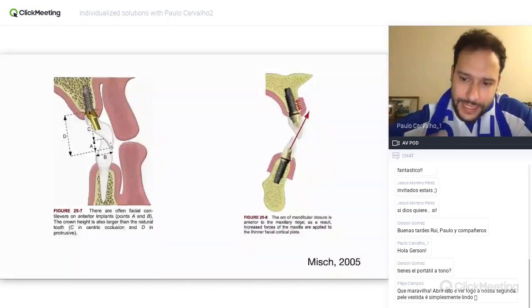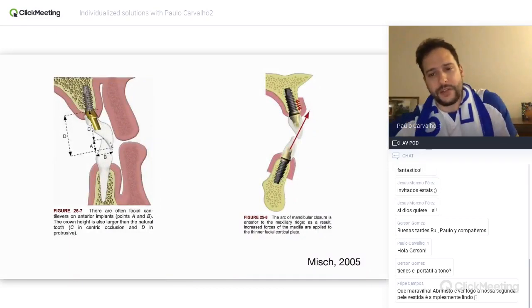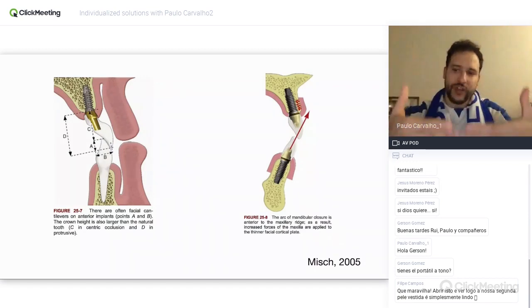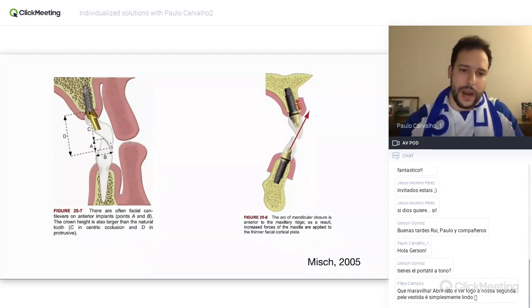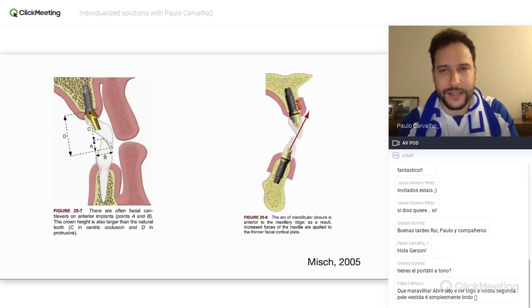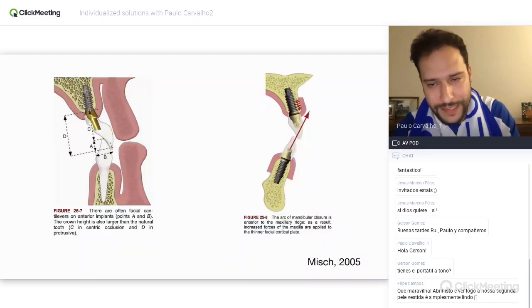But let's not forget what Carl Misch already taught us in the past. He taught how when we have the teeth completely outside the bony envelope, we are having non-axial forces that are going to compromise the bone in the maxilla.